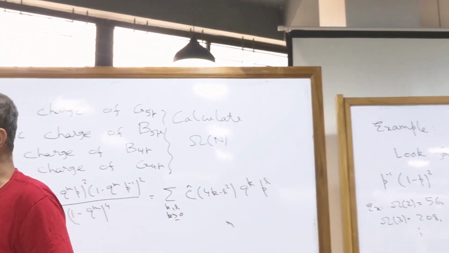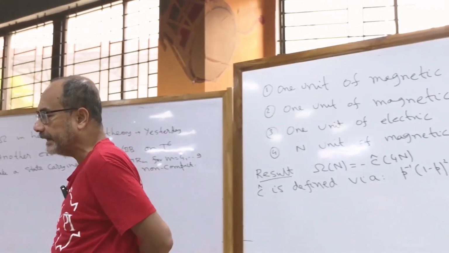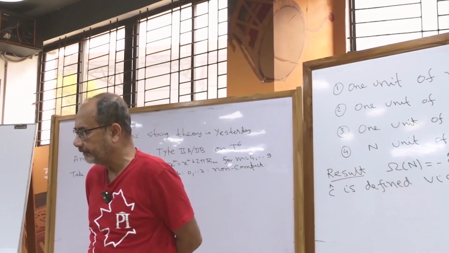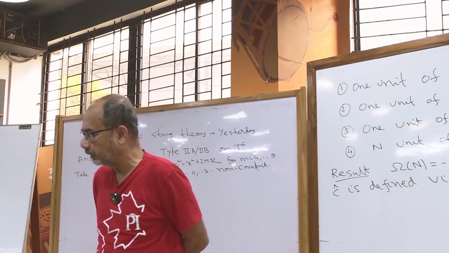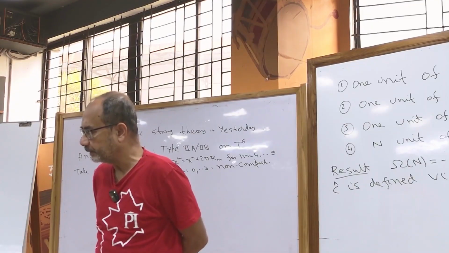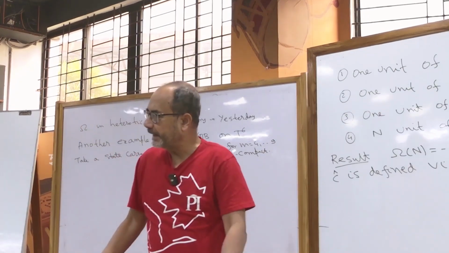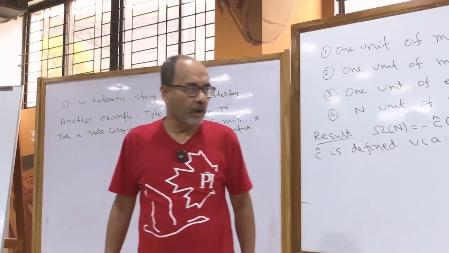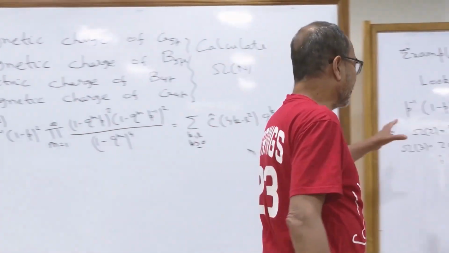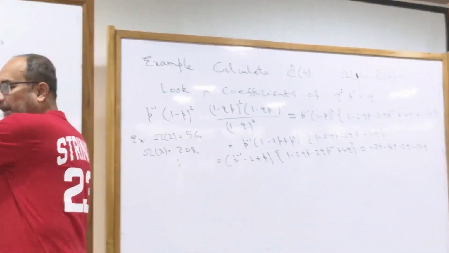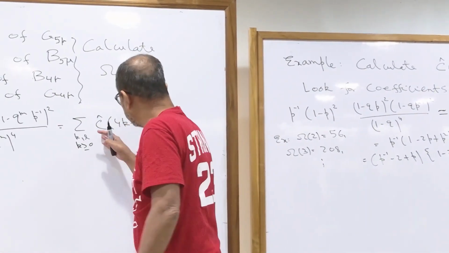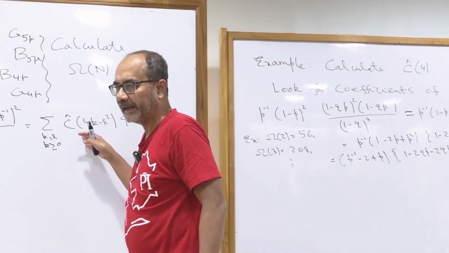Yes, Q and P are just variables. Some variables that you are using for defining this function, the arguments of this function. But Q and P really play no role, okay? Because all you are saying is that you expand this in powers of Q and P, and identify this particular power, and that's why it defines C hat.